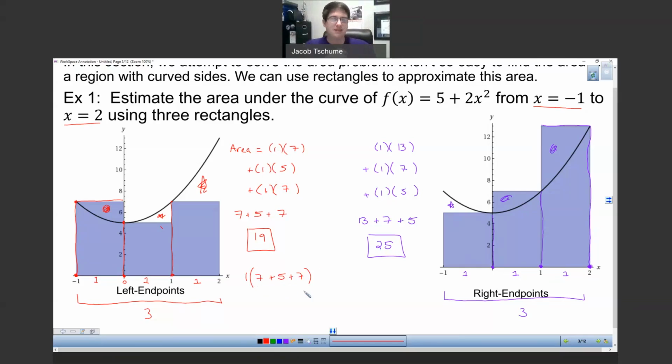While that's not a big deal right here because the widths are 1, this will save us a lot of time when our widths are not 1 and they're fractions, as we're going to see on the next slide. But this is the idea of approximating area under a curve using rectangles.